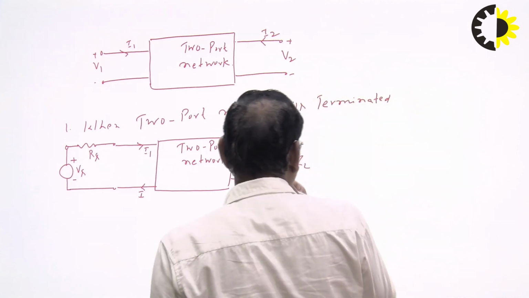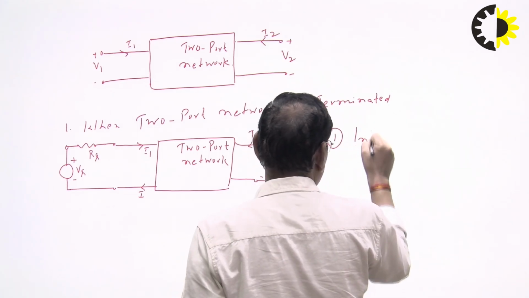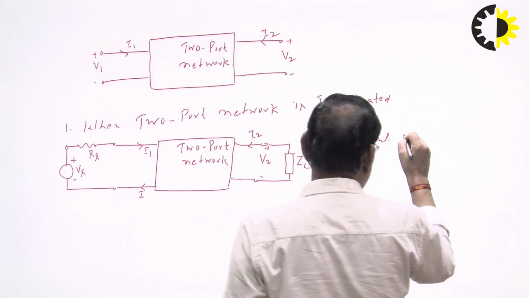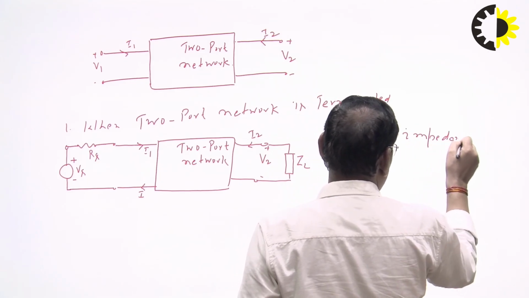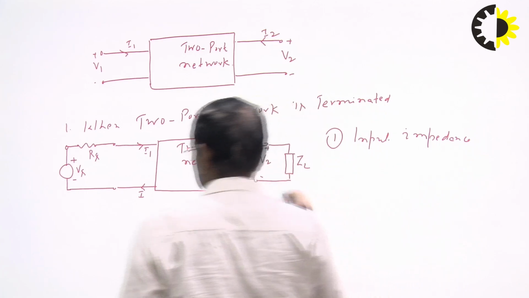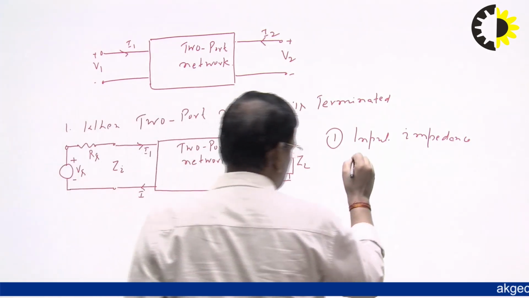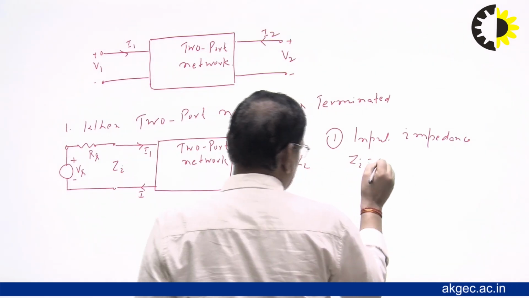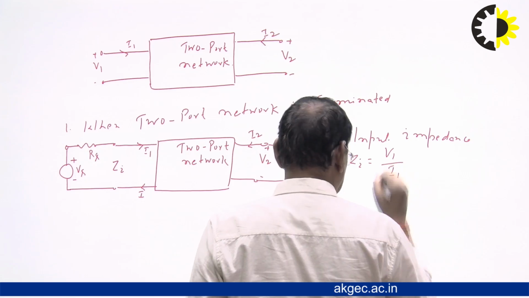So what you have to do, you have to find first the input impedance, which we can say is Zi. So Zi in case of V1 and I1.